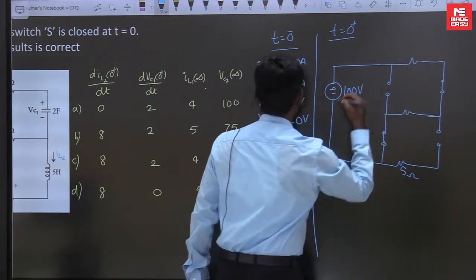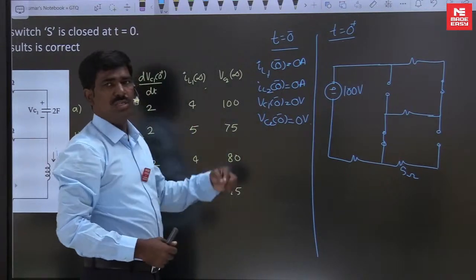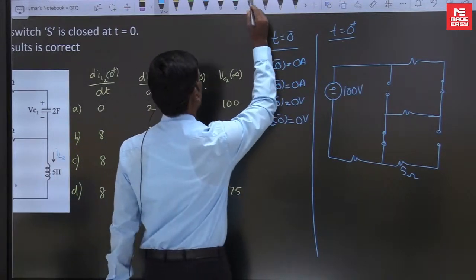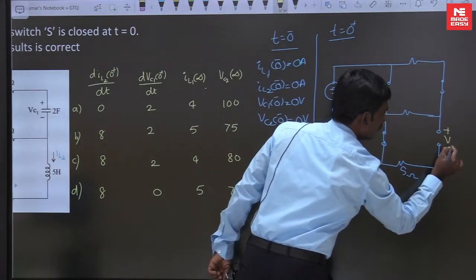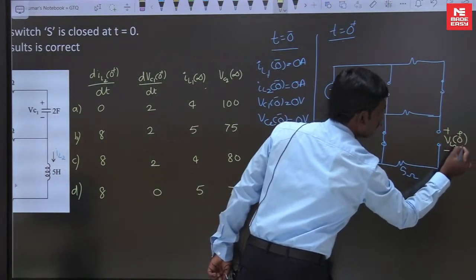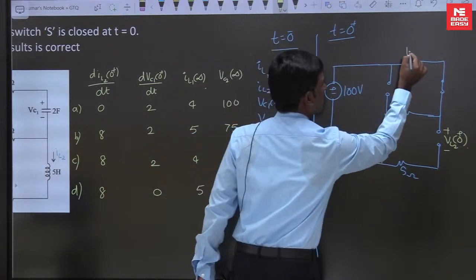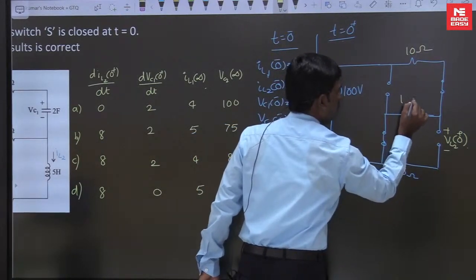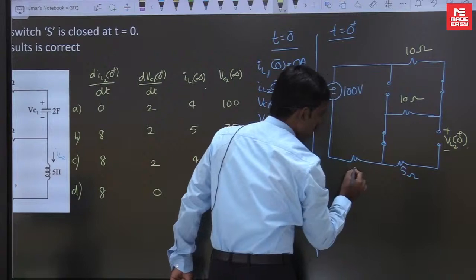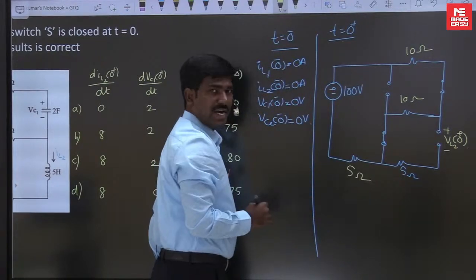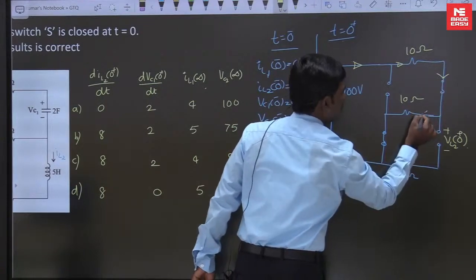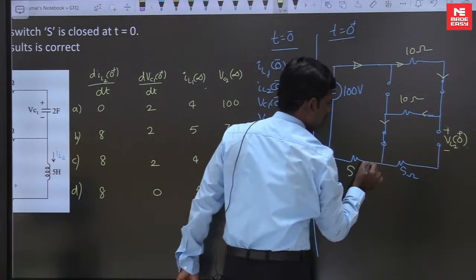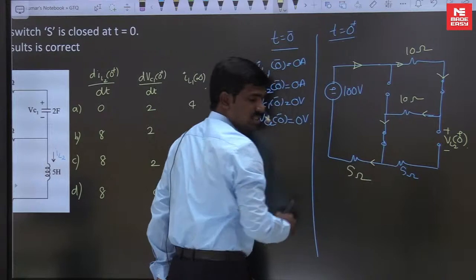Our intention is to find dIL2 of 0 plus by dt, which means you have to find VL2 of 0 plus. So these are 10 ohms, here 5 ohms. How is the current flowing now? The current is flowing through this path. No current is through the 5 ohm resistance.